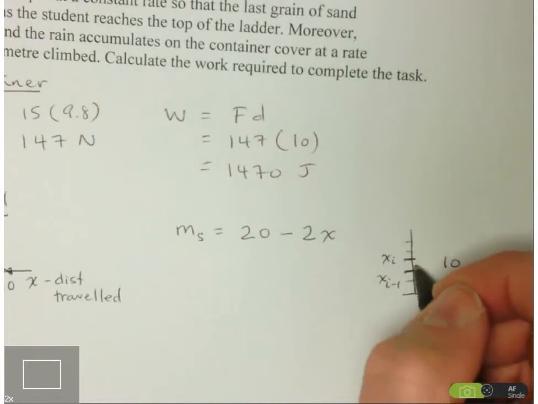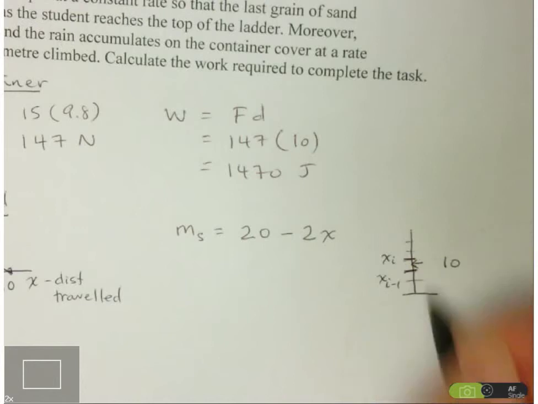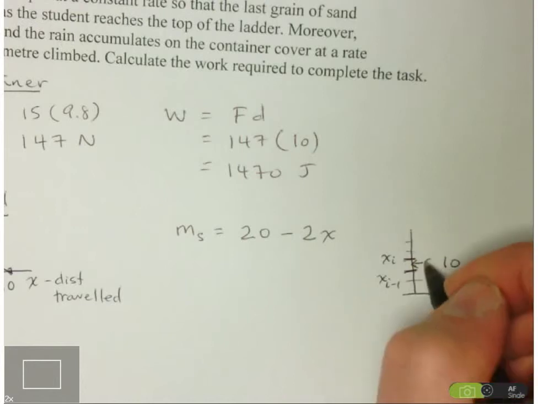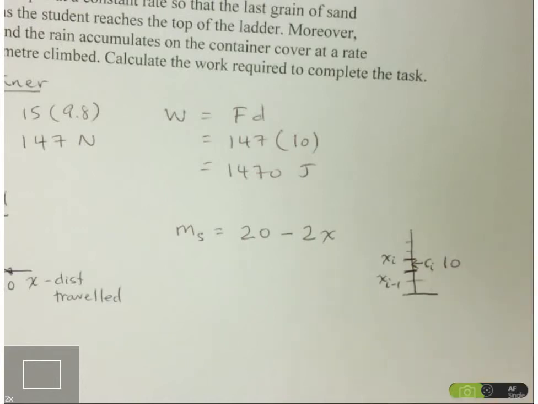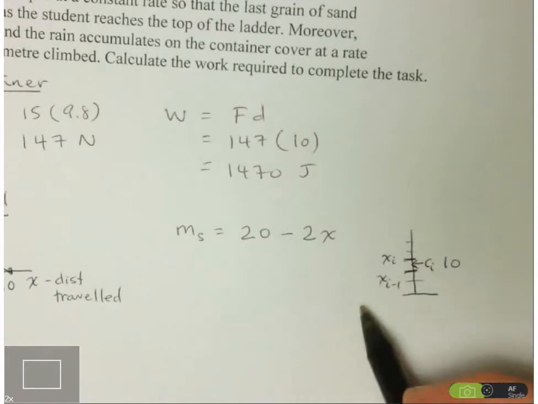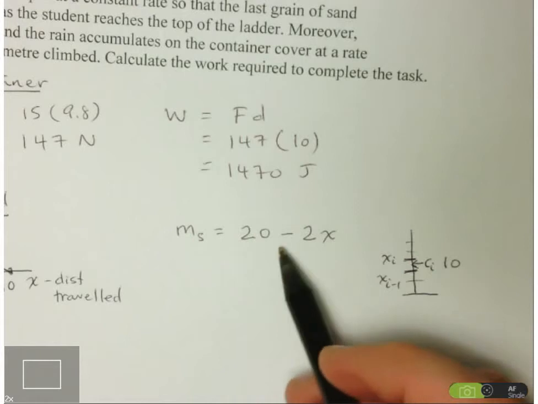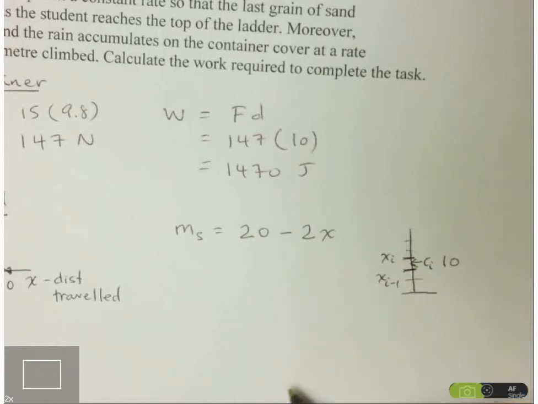So we'll choose our usual representative in that subinterval, which we call c_i, and we'll calculate the mass and the force needed to hold up the container at that particular value.